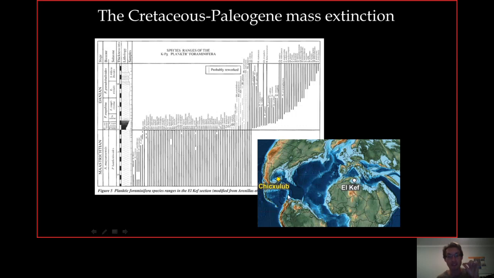So pieces of rock melted by the impact have been projected to Africa, and you find them in that layer of dark clay. So that's why we have the typical stratigraphic section here at El Kef on the African continent. The message here is very clear. There's no doubt about what's happening there.